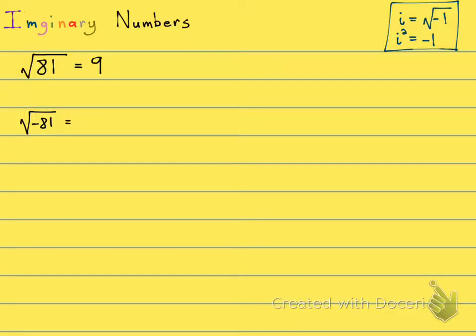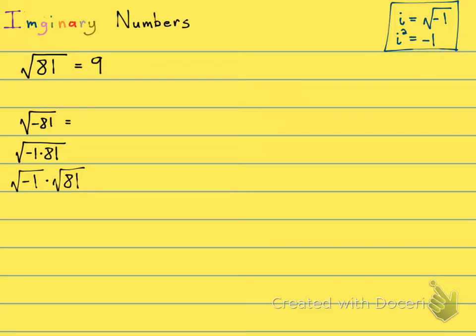So what you do is you say, hey, when I see a negative under a square root, the first thing I'm going to do is turn it into an i. I'm going to look at this as if it's the square root of negative 1 times 81, and I can split it up into two radicals: the square root of negative 1 times the square root of 81.